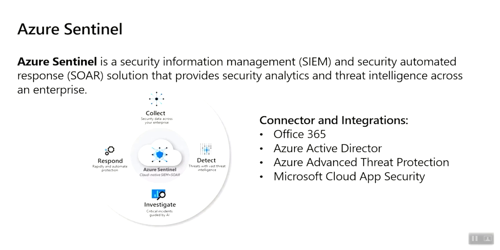So the way that this does this is it's actually collecting data from across your entire enterprise. So there's a number of connectors here, whether it's Office 365, Azure Active Directory, Advanced Threat Protection, or the Cloud App Security. It is collecting data everywhere. Now, once it detects that threat, it has that AI built in through the investigation and detect phase where it's looking for that suspicious activity and then it's responding through that automatic protection.